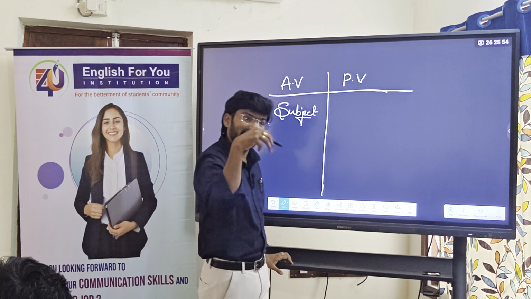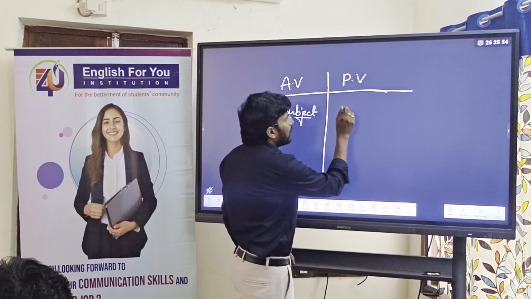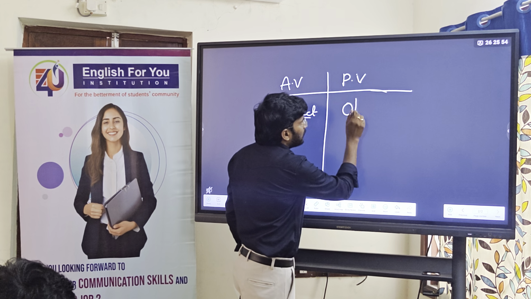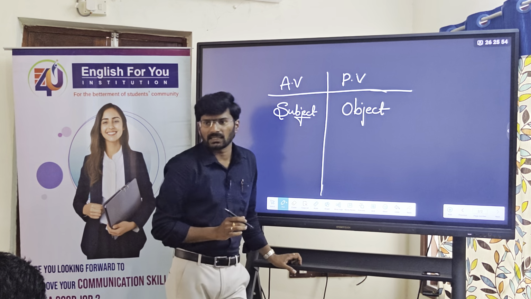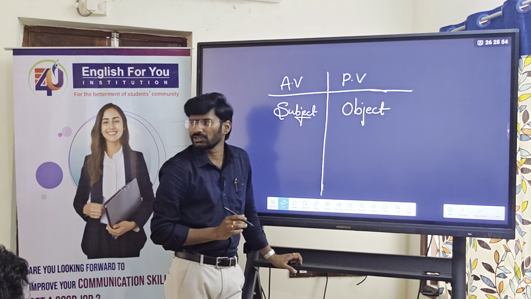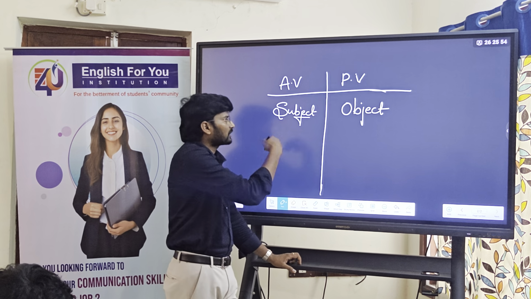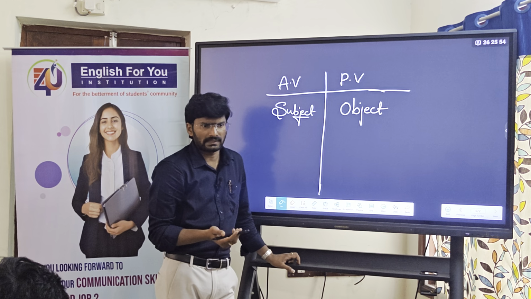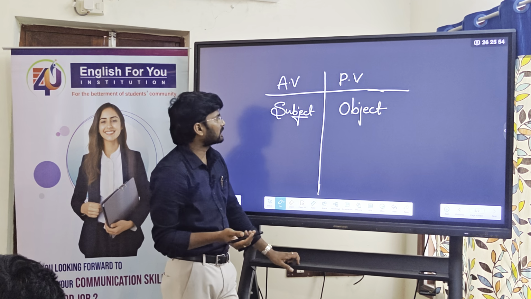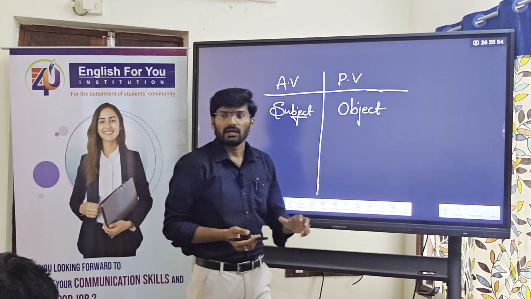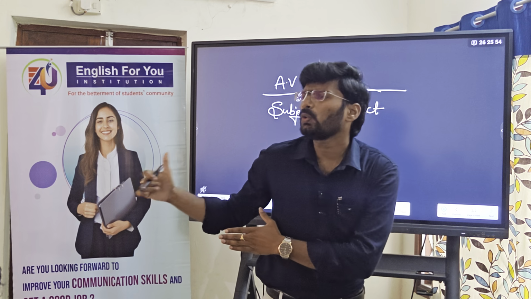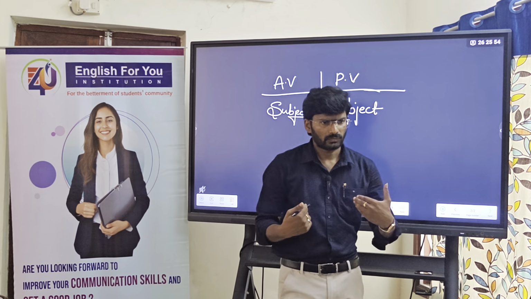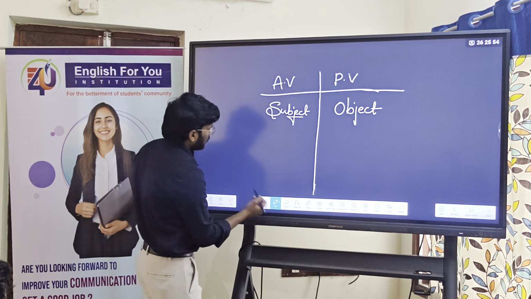And if you are taking the object as a subject, then it comes under passive voice. So let's take the example we have taken: I speak English every day. Who is speaking English? I am speaking English, right?